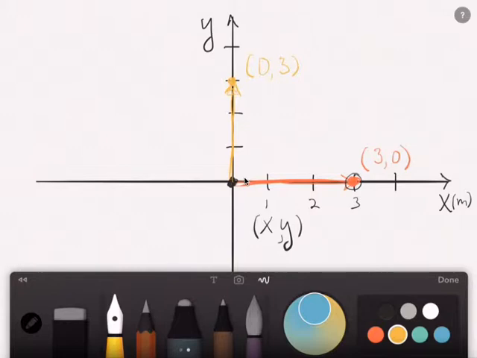Now, let's see where 3, 3 would be located. 3, 3 is located right here. 3, 3.